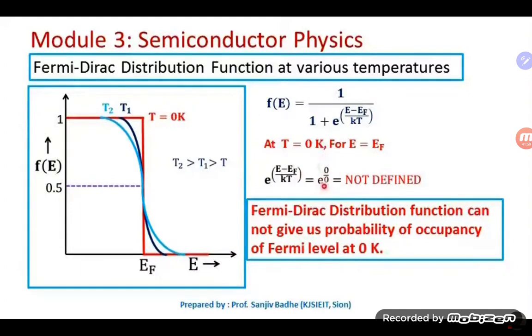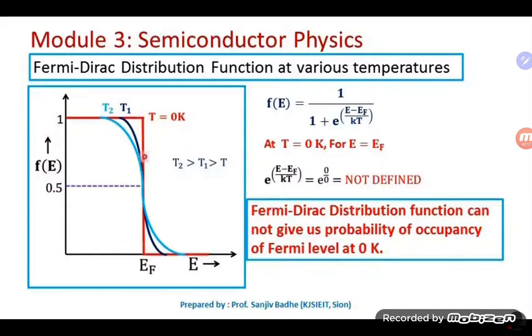And 0 upon 0 is not defined, and therefore we cannot calculate the probability of occupancy at the Fermi energy level at 0 Kelvin. So the probability of occupancy at the Fermi energy level will not have a definite value.